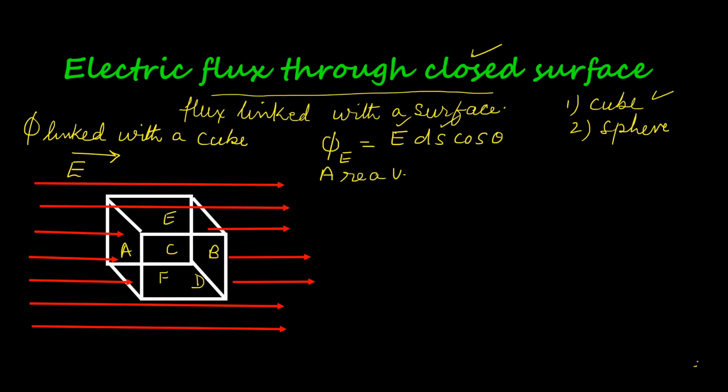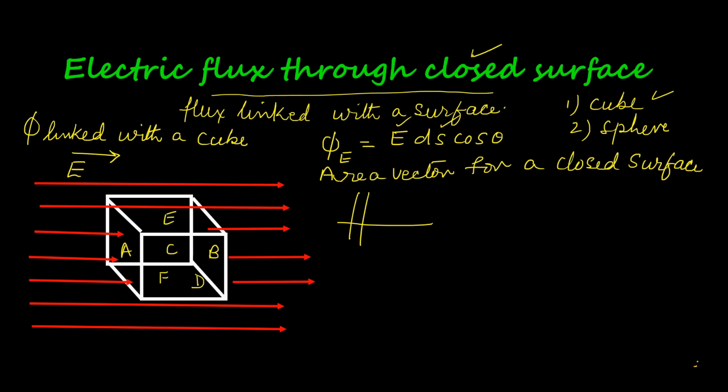Now let us know more about the direction of the area vector for a closed surface. But before that, let us recall how we considered the direction of the area vector in the case of an open plane surface. These are the electric field lines which pass through the surface. The area vector can be drawn either outward or inward.